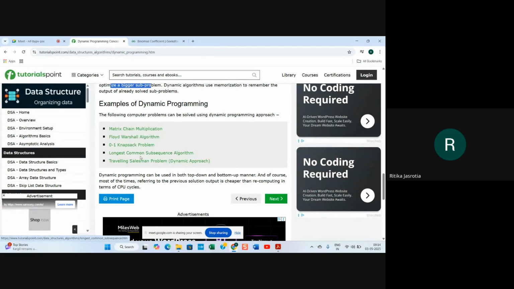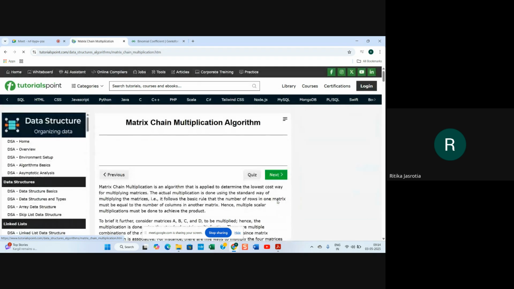We don't have this in our syllabus, so we'll be doing these ones. Dynamic programming can be used in both top-down and bottom-up manner. And of course, most of the time referring to the previous solution output is cheaper than recomputing in terms of CPU cycles, because you're keeping the output of the previous solution. So it is cheaper than recomputing it. So that is one thing.